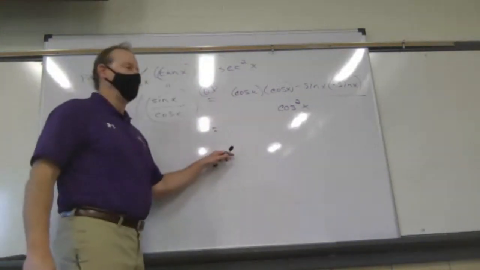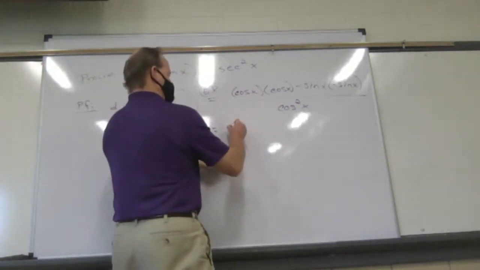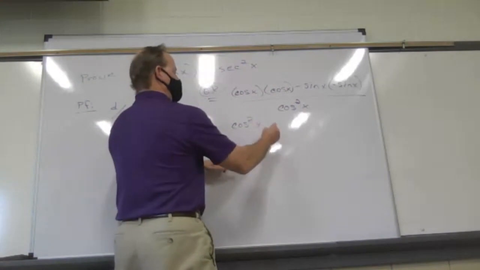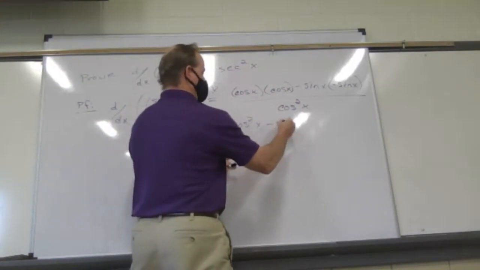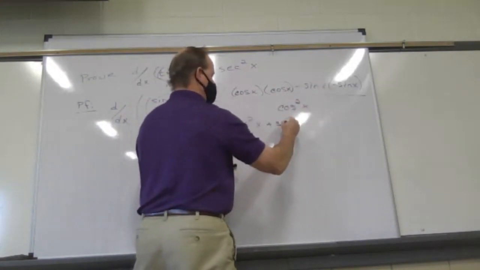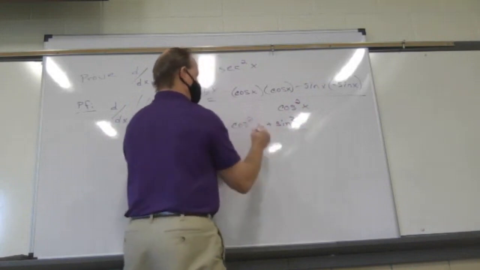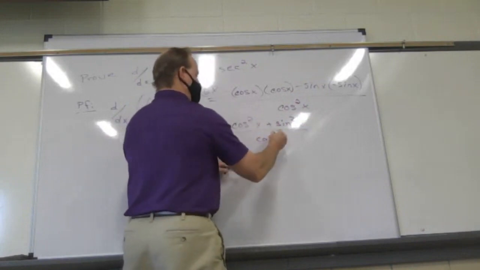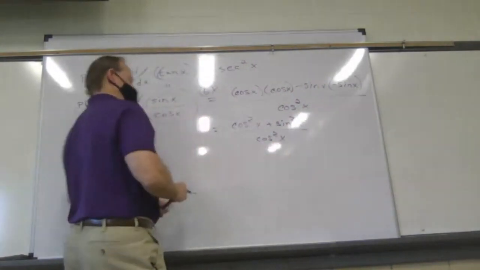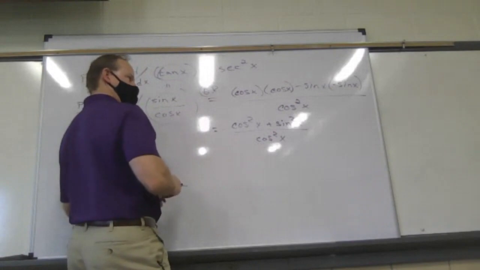Oh, what is this, sine squared x? Well, this is going to be cosine squared x minus sine, plus, minus times minus is plus, sine squared x all over cosine squared x, right? Now, what did you say then? Sine squared x. Do they cancel?